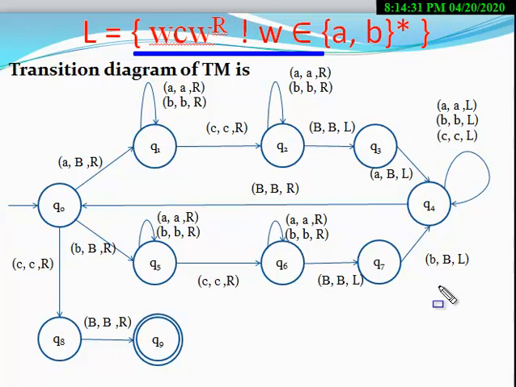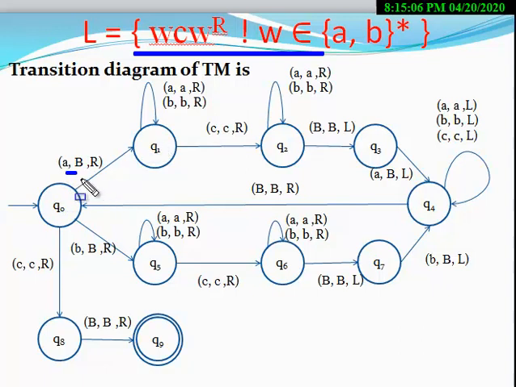Okay, so now we discuss the construction of this Turing machine. Initially you have to start from the initial state. So this is the initial state. You have to start from this state. Now at this state, when the input symbol small a appears, the machine moves in this direction.